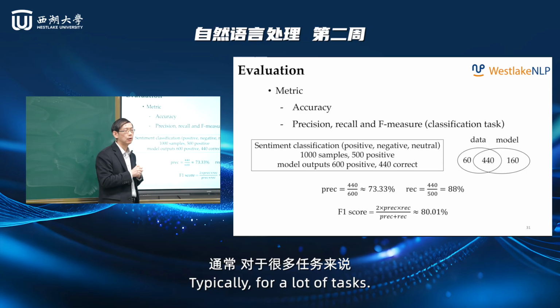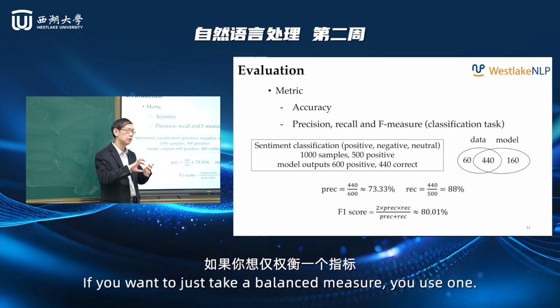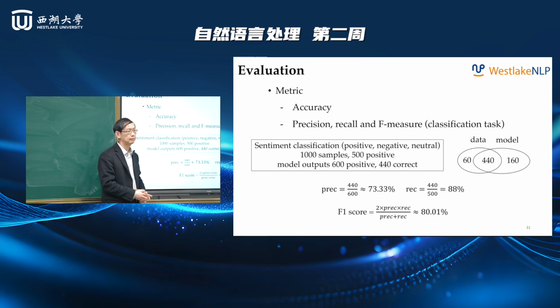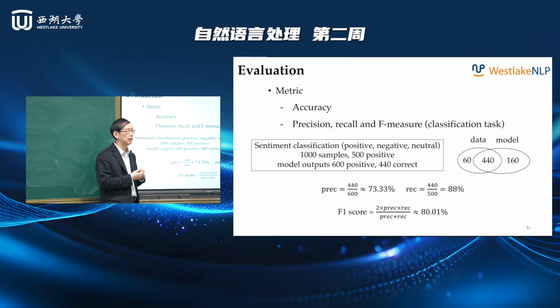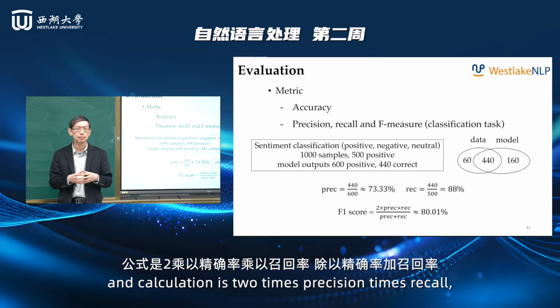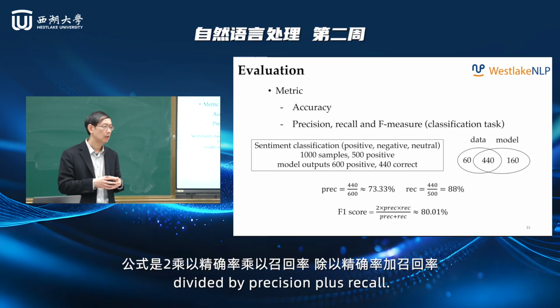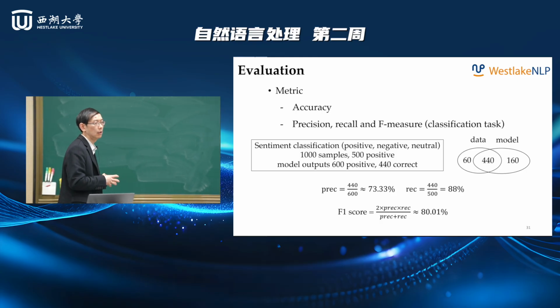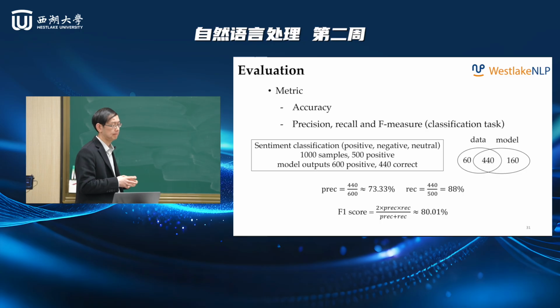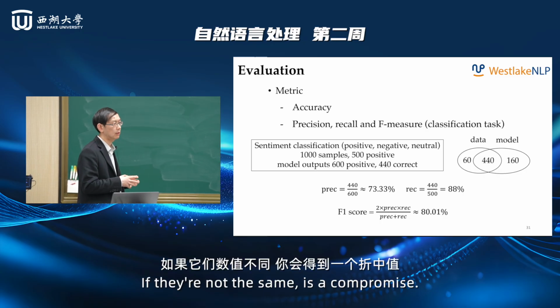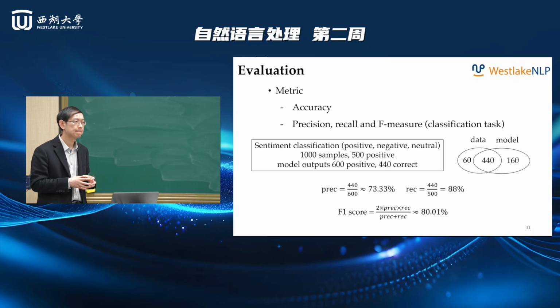Typically, for a lot of tasks, if you want a balanced measure, you use 1. This 1 means you pay the same attention to recall and precision. The calculation is 2 times precision times recall divided by precision plus recall. If they're the same, you get that number. If they're not the same, it's a compromise.